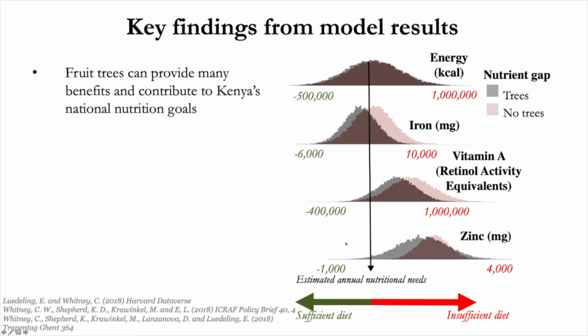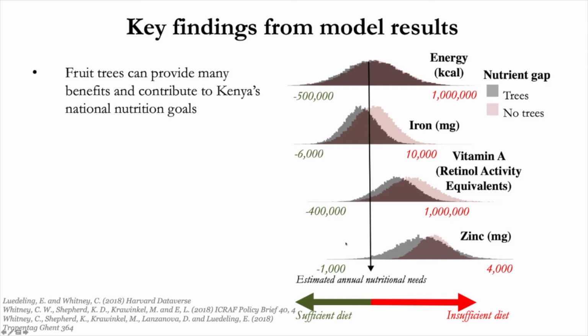But here's the line to represent, again, the estimated annual nutritional needs. And we're seeing here what's a sufficient diet on the left and what's not a sufficient diet on the right. So obviously, regardless of whether these trees are introduced, there's still going to be nutritional issues.